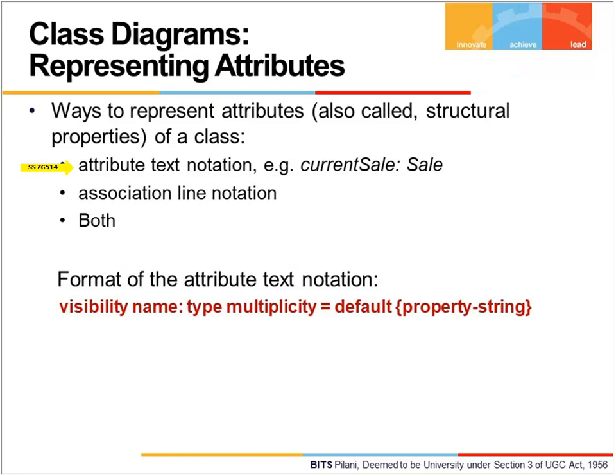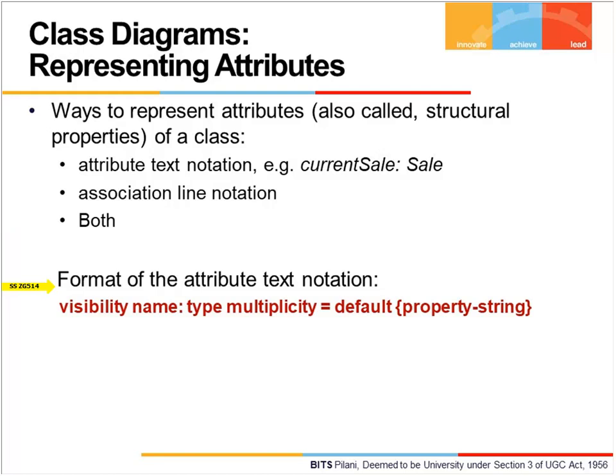One is the attribute text notation. The other is the association line notation. And the third is using a combination of the 2, right? We will soon see what these notations mean.